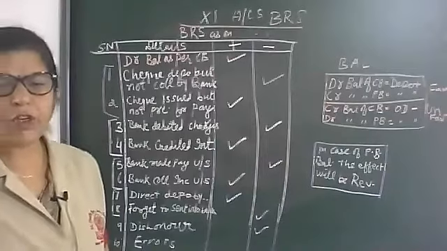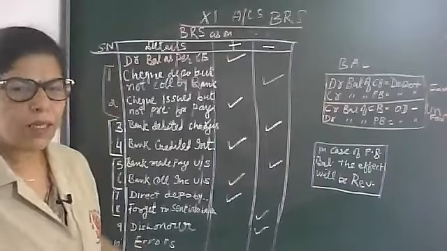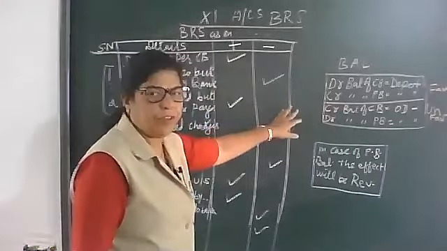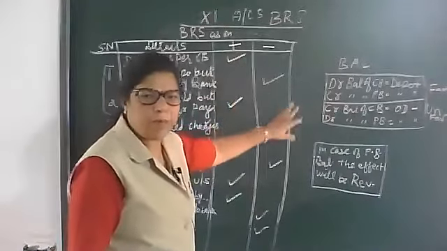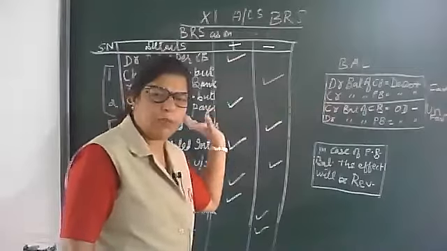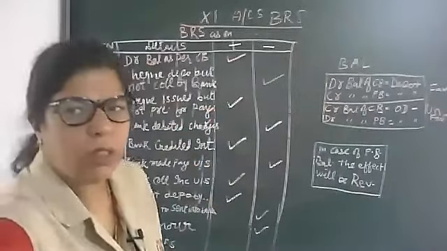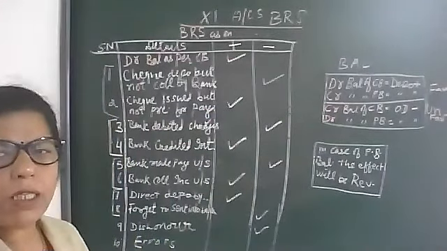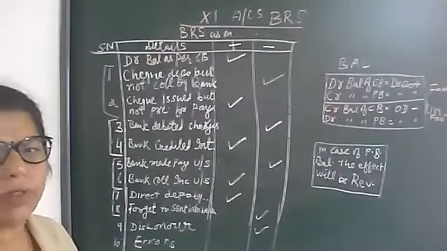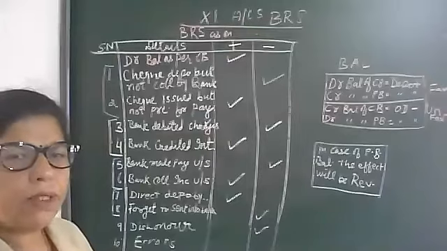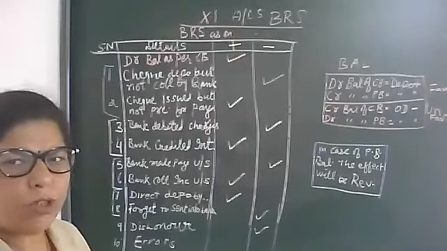In case of passbook balance, the effect will be reverse, meaning plus will be minus, minus will be plus. First note down the table, Noel John, then you will be able to do the numericals.